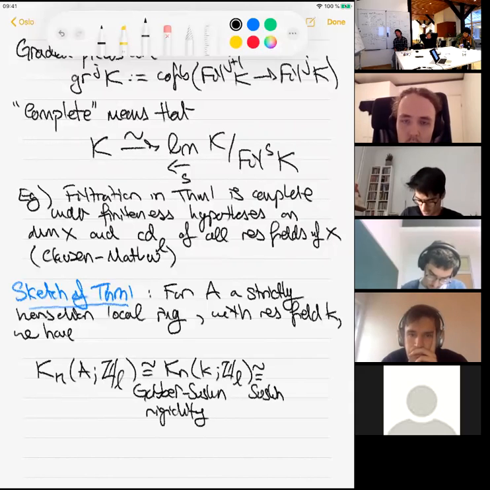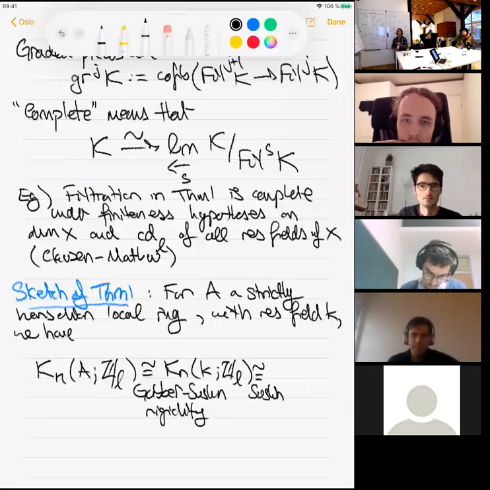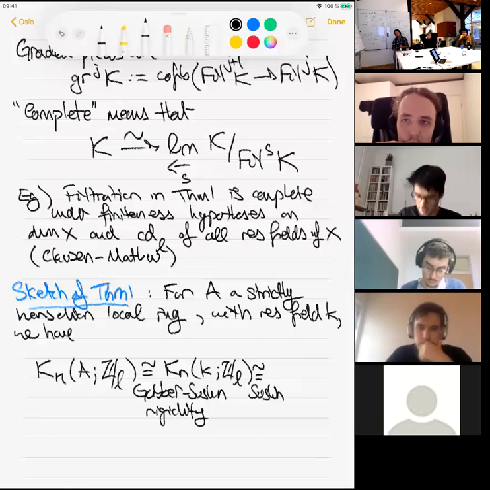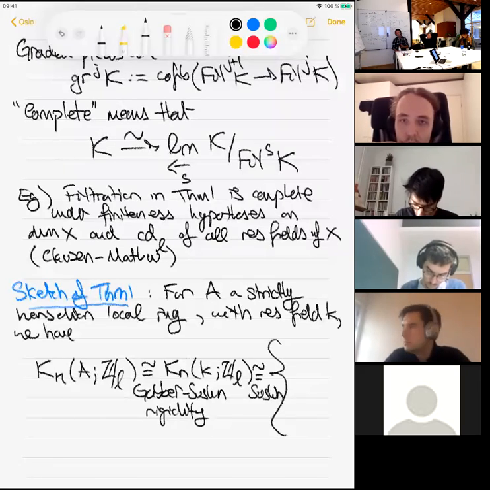Rather, I guess it's Suslin plus Quillen. Suslin tells you that you can replace this separably closed field k by any other separably closed field of characteristic not equal to L. And then you just need one example where you can compute all the K-groups, which is either the algebraic closure of a finite field or the complex numbers. And what you get is that they vanish in odd degree.